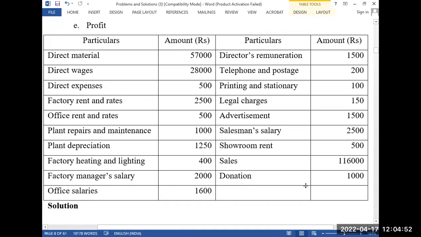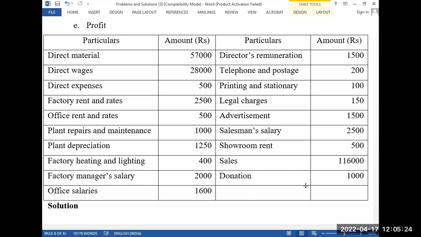Then come to selling and distribution. Number of items in selling and distribution: advertisement, salesman salary, showroom rent.